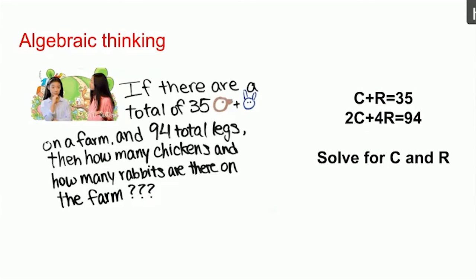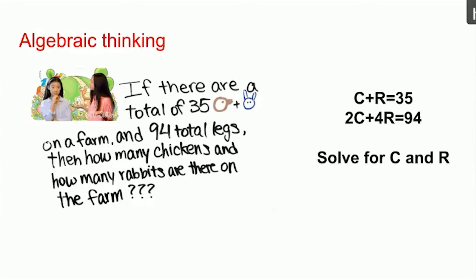And each rabbit has 4 legs. So the total legs for rabbits is 4 times the number of rabbits. So that's the total for the number of rabbit legs. And they add up, chicken legs plus rabbit legs. The total is 94. So now I have 2 pieces of information here.